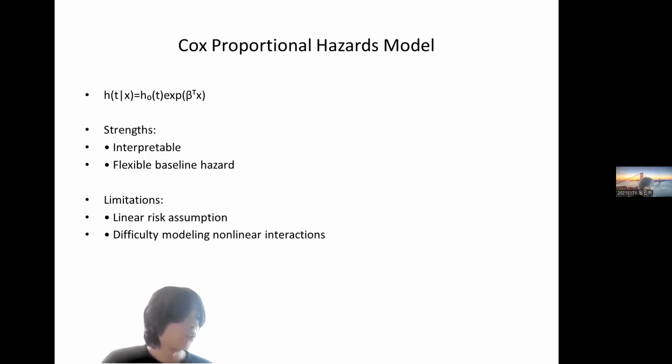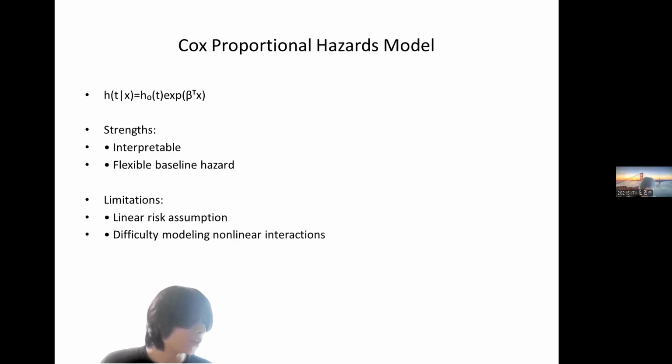One of the most widely used survival analysis methods is the Cox proportional hazards model. The hazard function is represented as a baseline hazard multiplied by an exponential risk term.